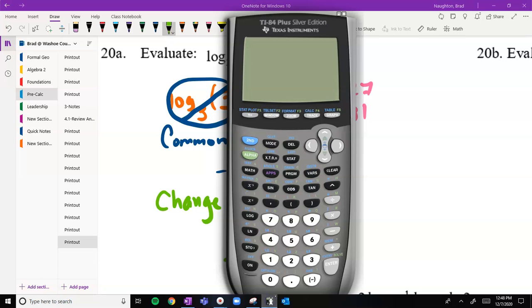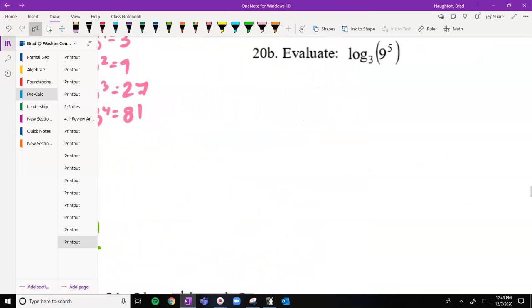So if I pull out my calculator and turn this on, we're going to go log of 1 divided by 27, close those parentheses, divided by the log of 3. And notice we are going to get the same answer of negative 3. So there you go. Two different ways to do that one.